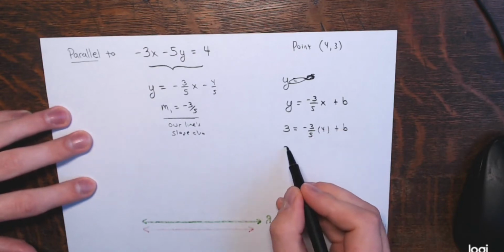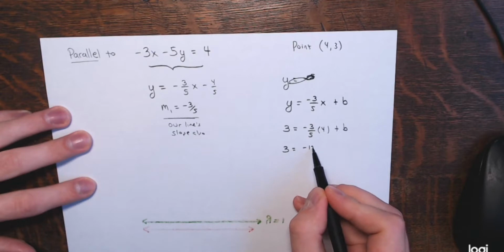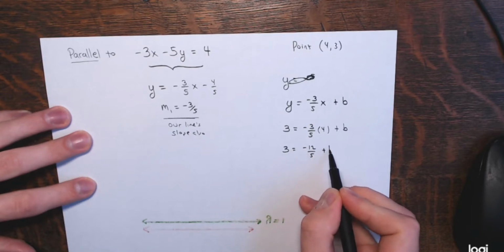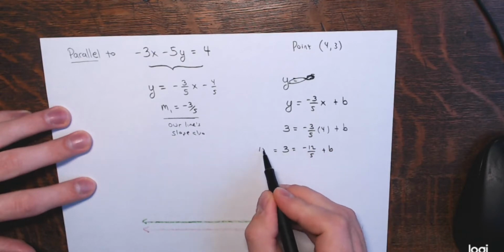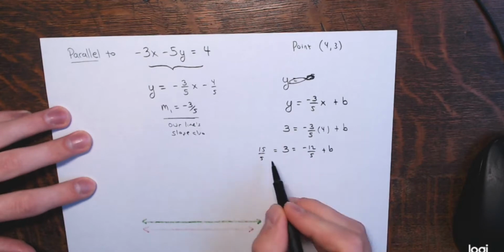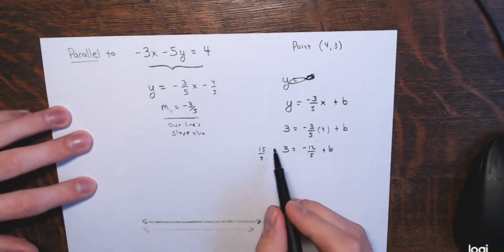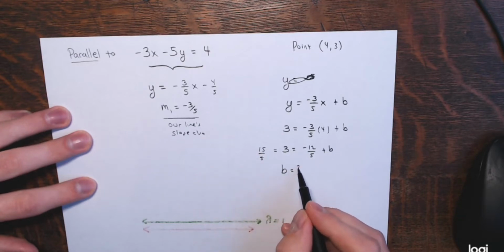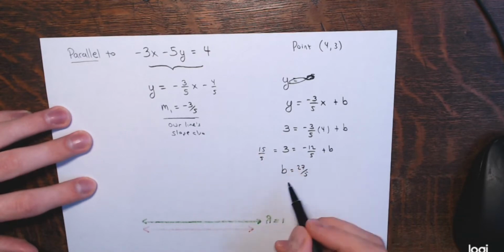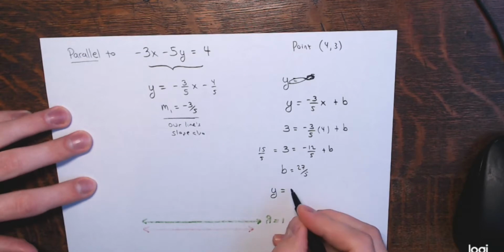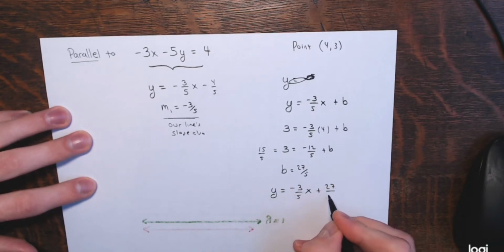This would be 3 equals -12/5 plus b. Now 3 is actually 15/5, because I'm going to be adding fractions and need a common denominator. And then 15/5 plus 12/5 would be 27/5. So our equation is y equals -3/5 times x plus 27/5. That's what they want.